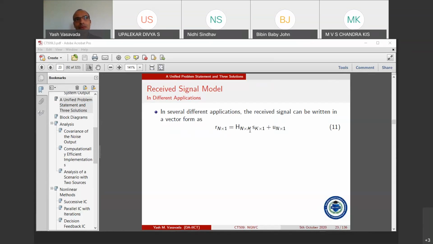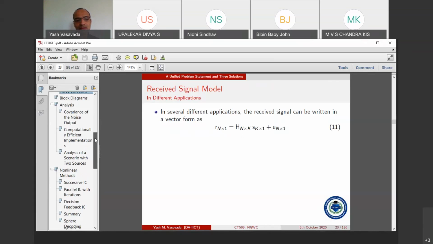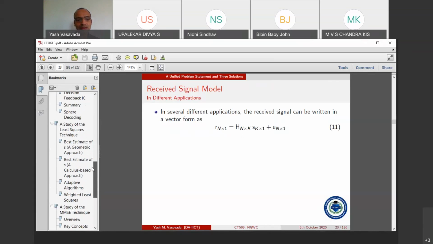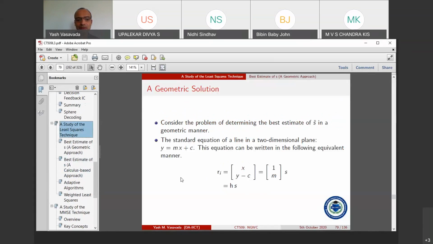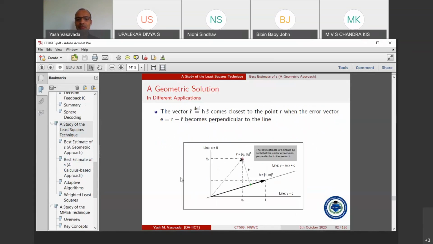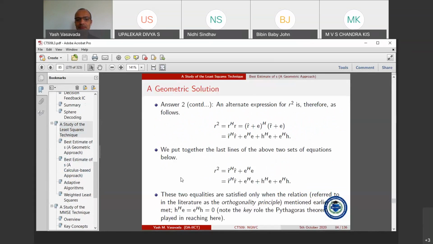Now, you may have noticed that distance minimization was the approach that we took in the least squares algorithm that we studied last time. The least squares algorithm, if you recall, especially when we consider the calculus-based approach, performs some type of distance minimization.